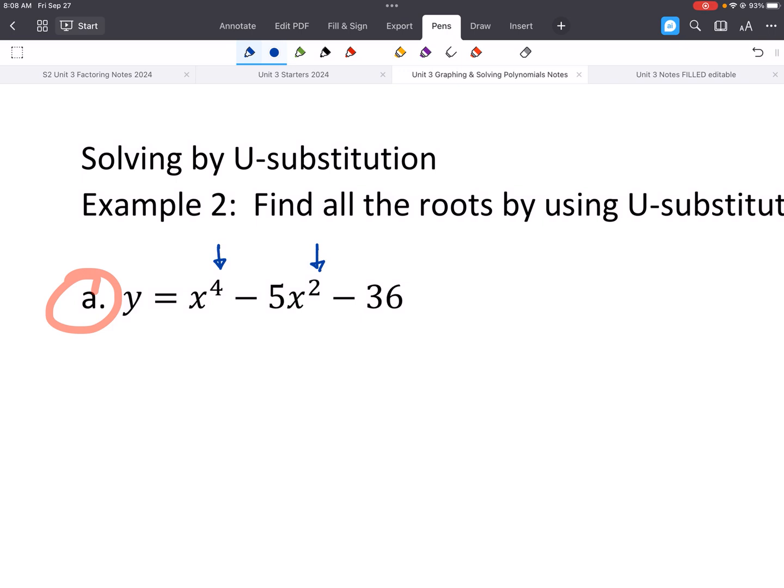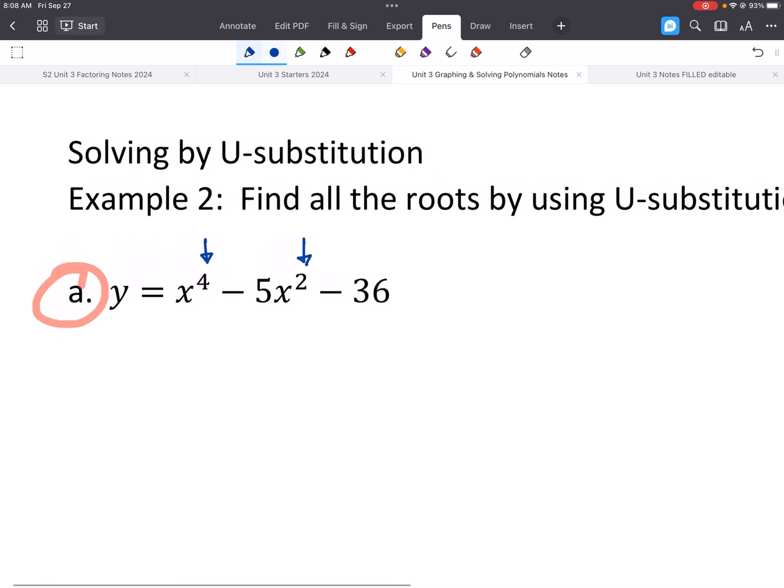If you see something like that, then we could do something called solving by U substitution.